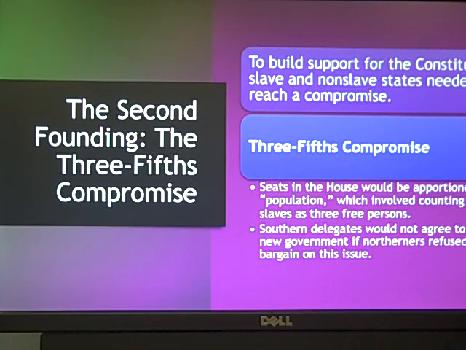The Three-Fifths Compromise figures out what to do with slaves, right? Basically, the idea is, initially, the states have to give money to the national government based upon the population of the state, right? So if you live in Virginia, do you want slaves to count as population for the purposes of giving up your money? No. Do you want them to count as population for the purposes of getting more seats in the House of Representatives?